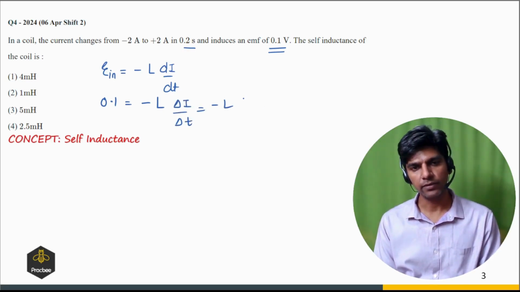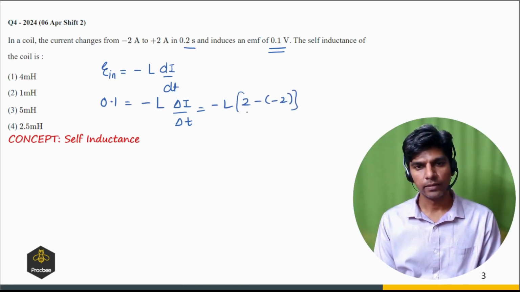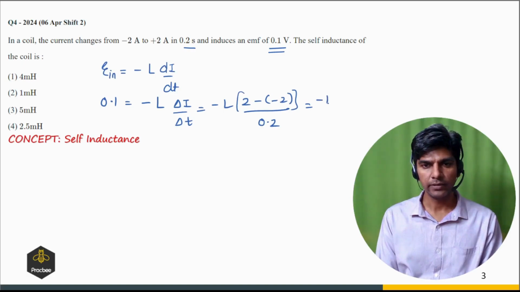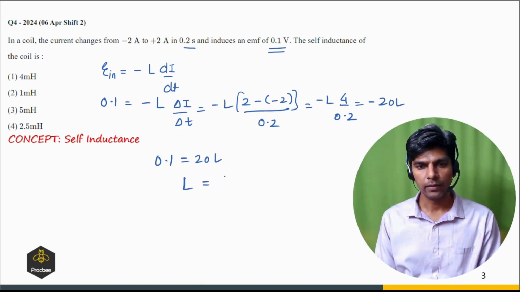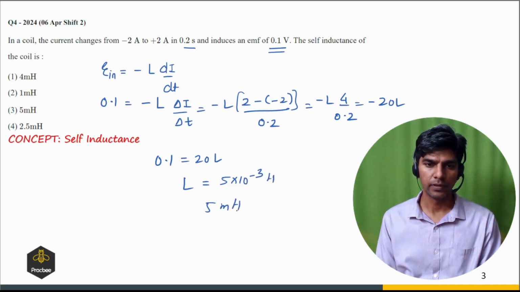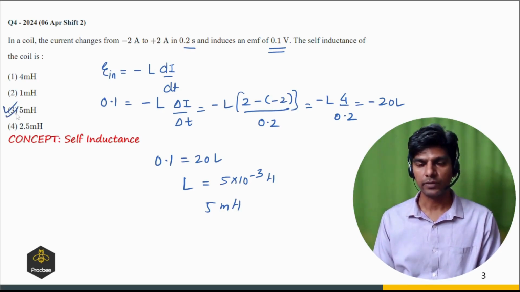So minus L, final current is 2, initial current is minus 2, divided by 0.2. So this comes out to be minus L times 4 upon 0.2, which is nothing but minus 20L. If you take the magnitude on both sides, 0.1 comes out to be 20 times L. So L will be 5 into 10 raised to power minus 3 Henry, which is 5 millihenry. So option 3 is the right answer.